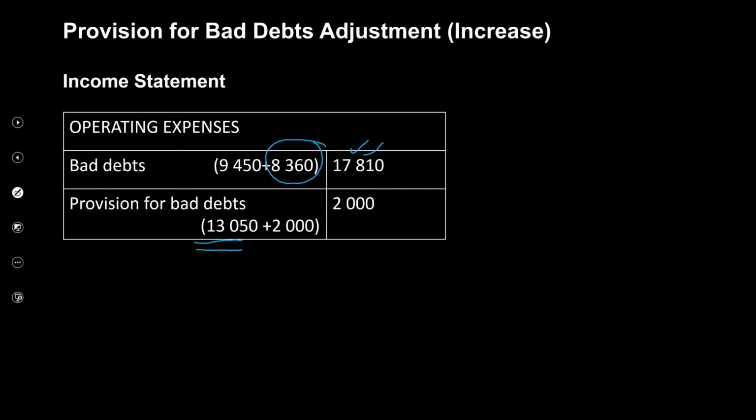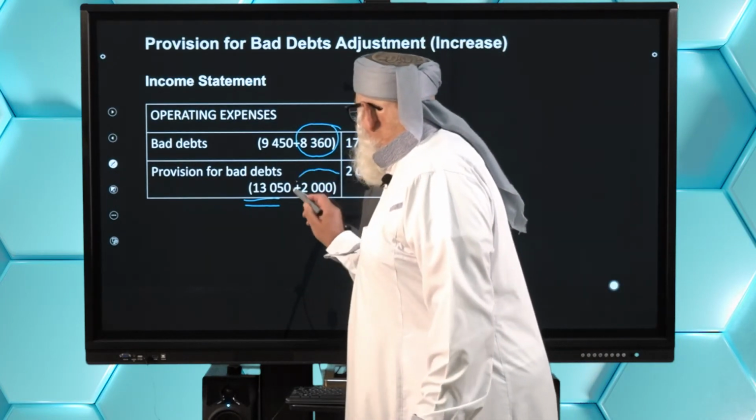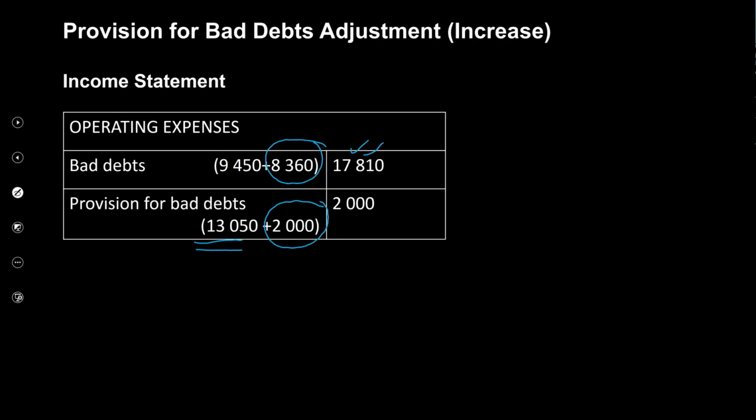They are telling you increase it by a further amount. In this case here, we're increasing it by 2,000 Rand. But watch, it now appears under operating expenses. So I've increased my provision. I've got 13,050. I'm increasing it by a further 2,000 Rand. Therefore, that becomes a further expense of 2,000 Rand.